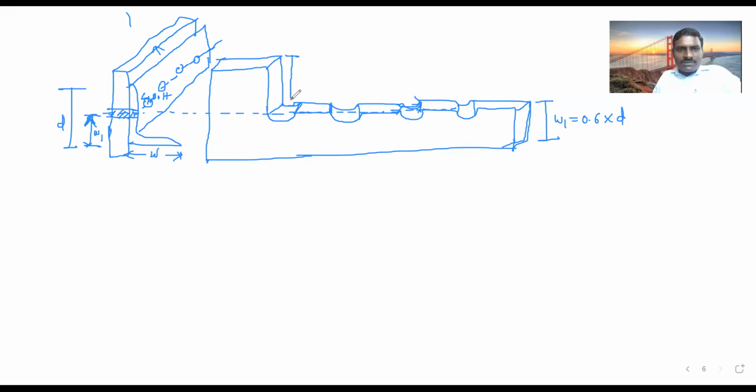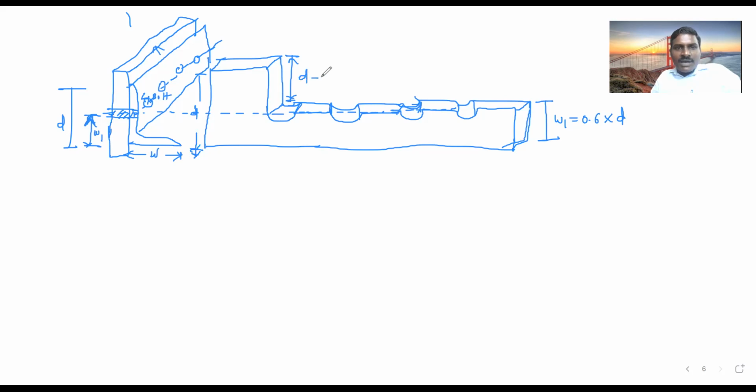Now, how much is this distance? This is total D. D minus W1. D minus W1, no? So here. D minus W1, right? Is it correct?